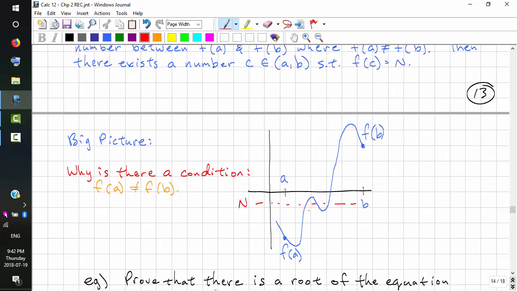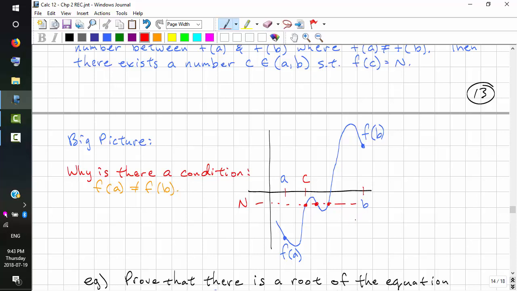It doesn't tell us that there's more than one. It tells us that there's going to be at least one. Actually, we have three values here, but we're only concerned that there is one. That's all it says. It doesn't tell us where c is. It just says that there exists a c. So it's an existence theorem.